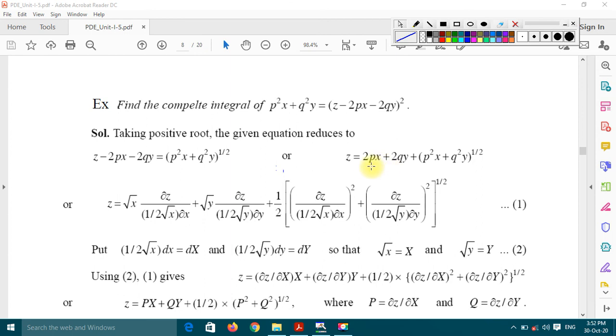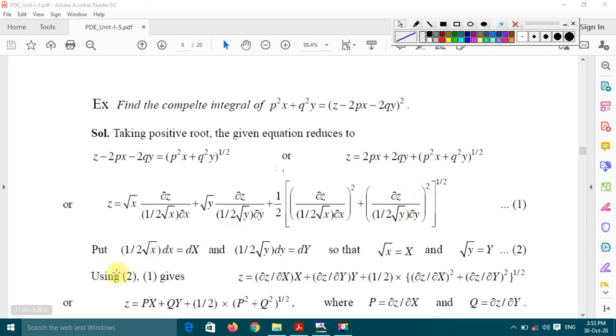For reducing this, we write root x into del z by del x as 1 by 2 into root x, plus root y into del z by del y as 1 by 2 into root y, plus 1 by 2 into root of 1 by 2 root x del z by del x whole square plus del z by del y 1 by 2 root y whole square, whole power 1 by 2.